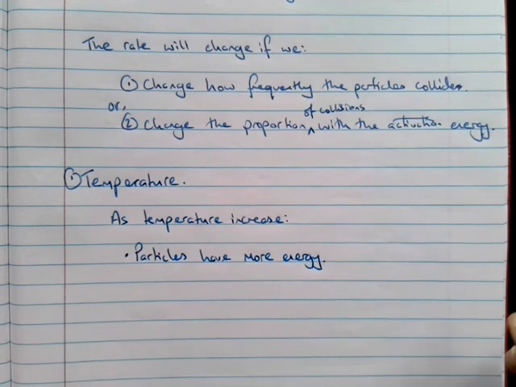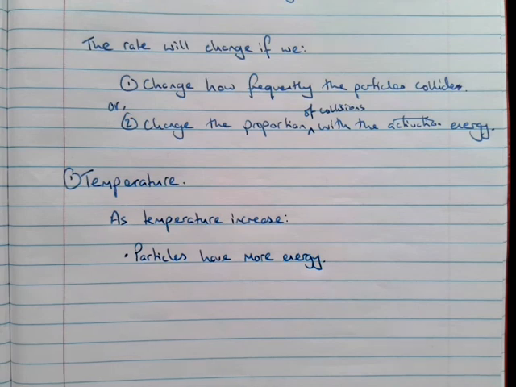That's what it means for temperature to increase. It means that particles have more energy. So if you increase the energy of each particle, that's the same as increasing the temperature. And when you increase the temperature, all the particles have more energy. So what does that mean?